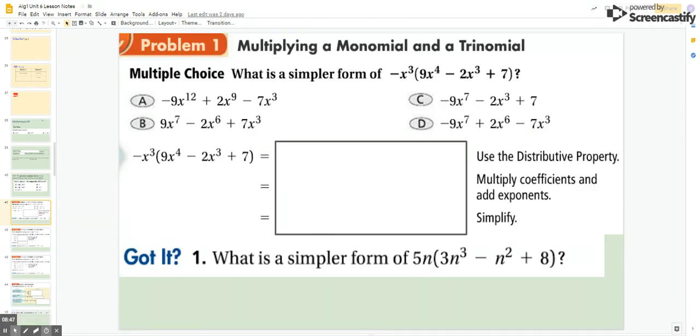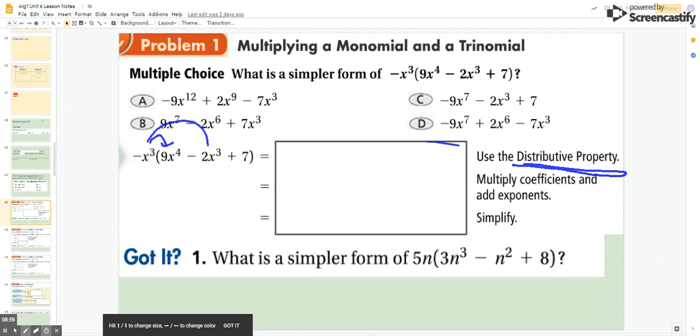All right, so we're going to multiply a monomial and a trinomial. We're going to use the distributive property. So I'm going to do this and this and this. Just be careful when you distribute this negative to these elements in the parentheses.